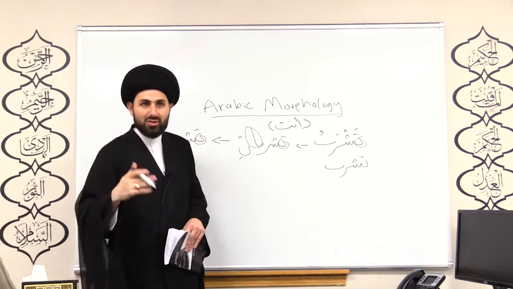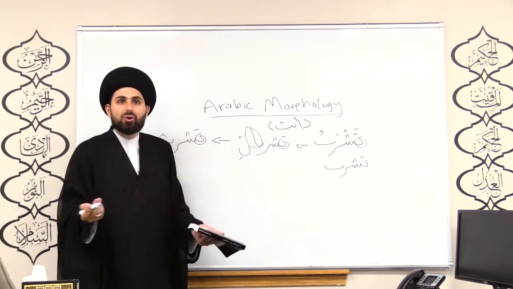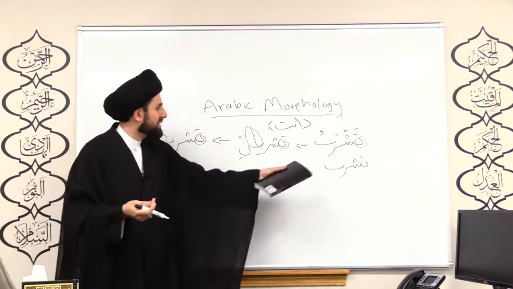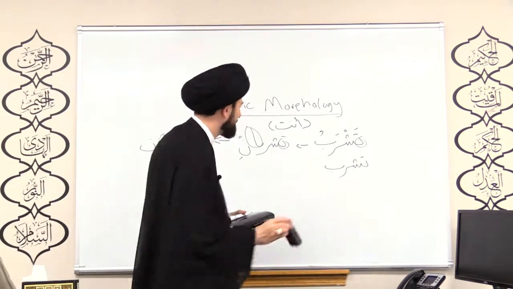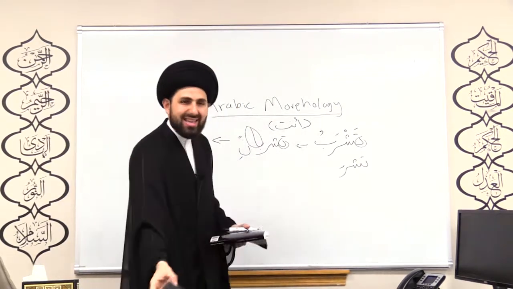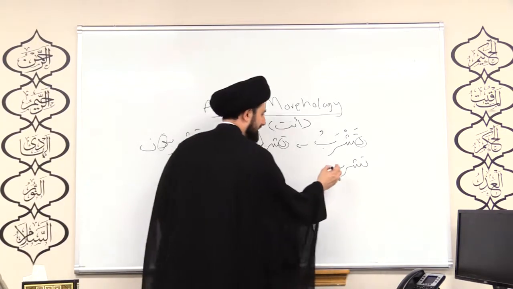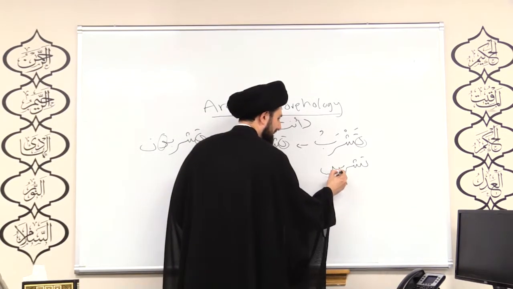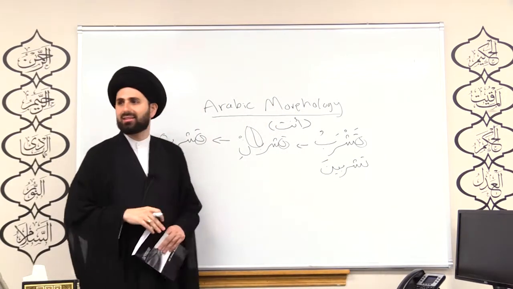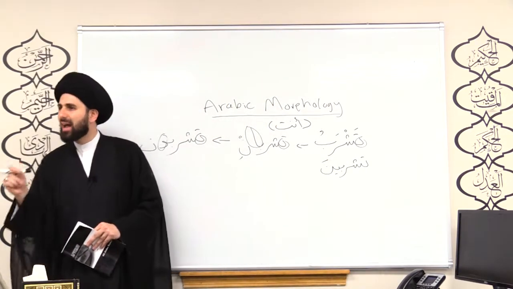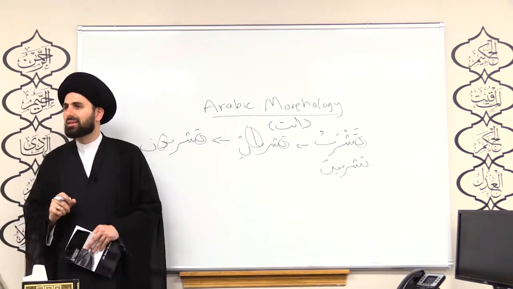Mukhatab, right? That's your second person sign. Now you need a feminine sign. How do I distinguish between the masculine and the feminine? In the Arabic language, all you have to do is add a ya and a noon. Tashrabina. That ya and the noon is a sign of femininity.